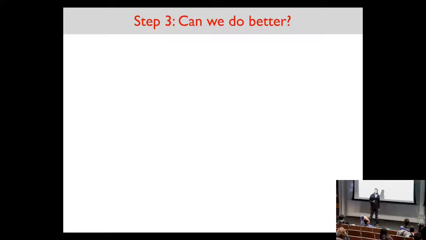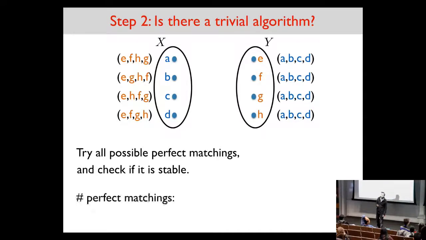So that's what we have to ask. So the number of perfect matchings is n factorial. Right, so let's say I map A to some element, E, F, G, or H. But once I map A to some element, B cannot be matched to that element that A is matched to. So now B has one less option.